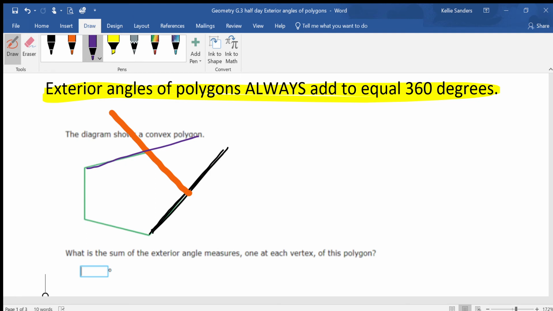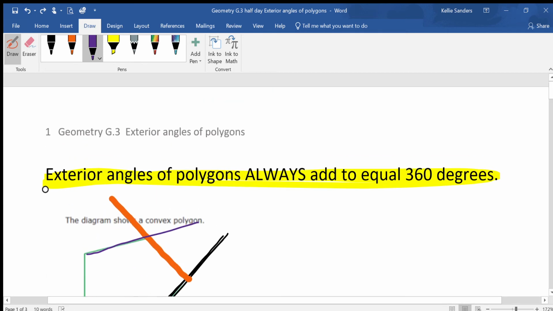So what happened? We're not expanding them in the same direction, or basically the blue and the orange crossed. That can't happen with what we are talking about on exterior angle sums.